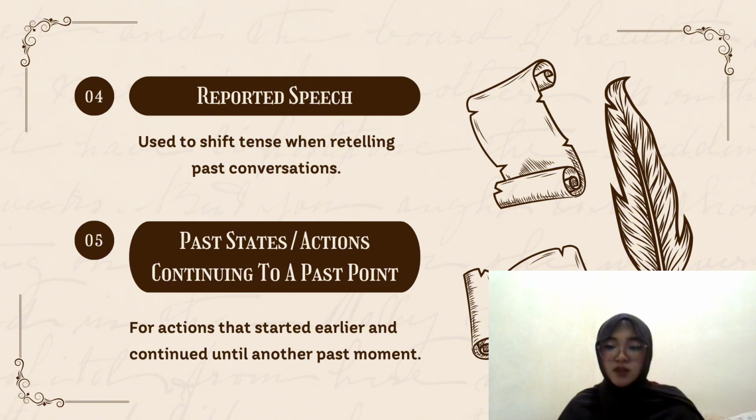So I started living in the house a long time ago, and I continued living there until the moment I moved. So the living lasted for 10 years and stopped when I moved.